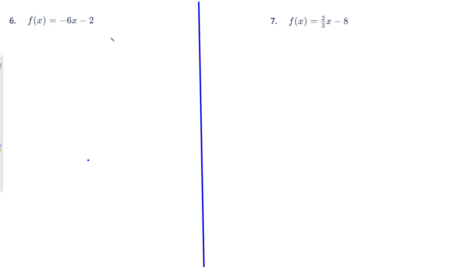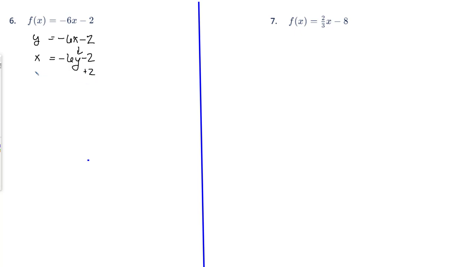On these two, they both worked very similarly, but I'm going to go ahead and show you both of them. So it's originally y equals -6x minus 2. So I switch sides. And what am I going to do? How do I get the y by itself?